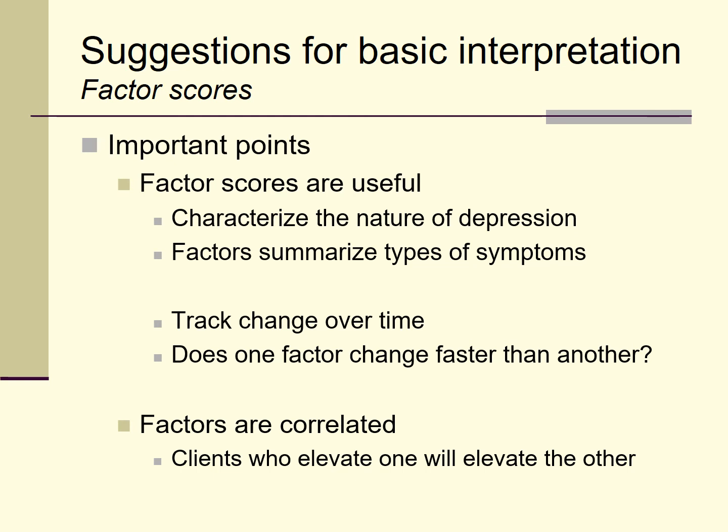Here we allow that these things are going to be correlated, and in fact they are. So if you see that someone is elevating one factor, whatever factor solution you're choosing, they're likely elevating the other one as well. And as you interpret them, you shouldn't think of them as entirely separate, because in some sense, of course, they're really not.